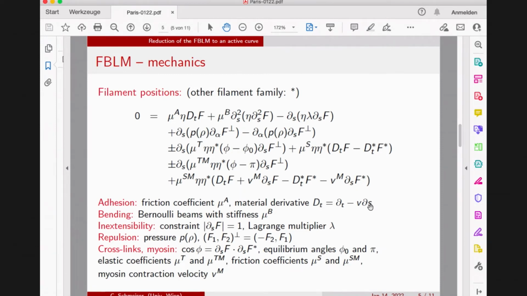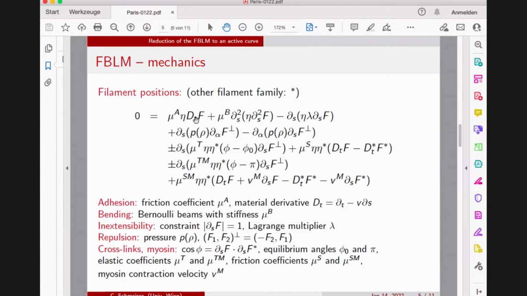And the time derivative of F is not quite a material derivative, but you have to shift it by this definition here, where the little d is the polymerization. Okay? So this is really the velocity of the filaments above ground. So this is a friction term. And there is a friction coefficient.